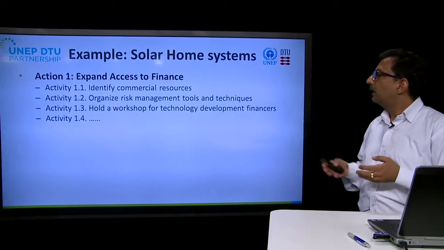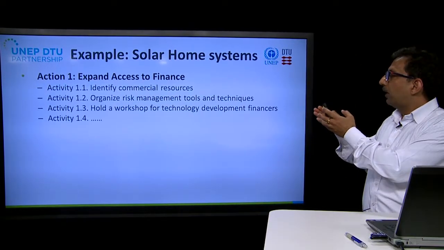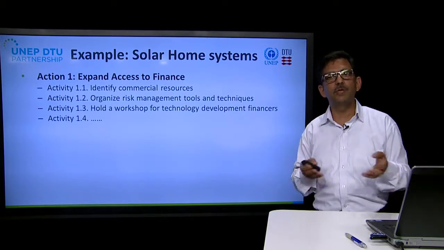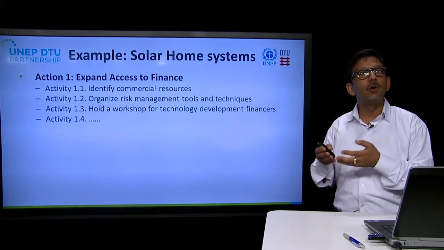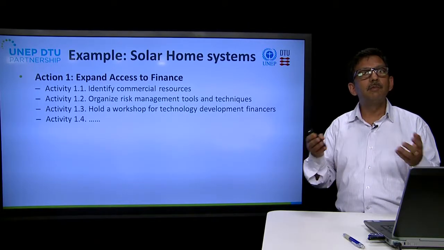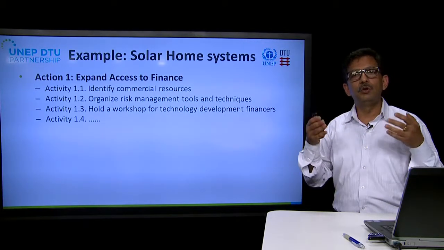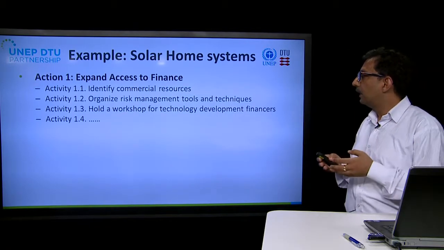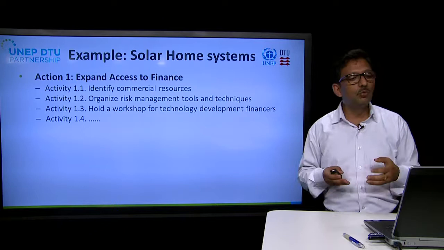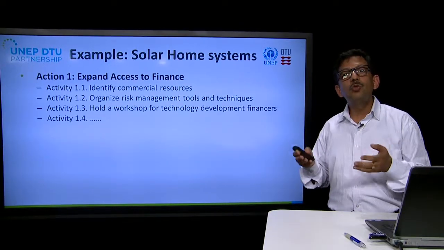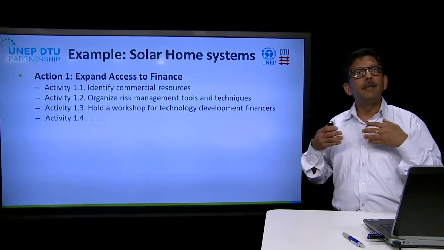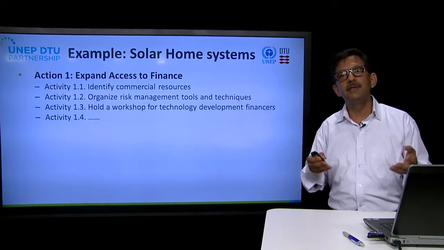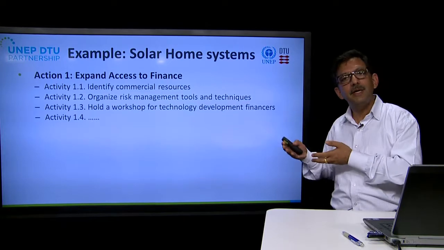We would define this access to finance in terms of identifying commercial resources, for example, identifying the banks or institutions which will be lending money to the investors in solar home systems. Secondly, we could organize certain risk management tools and techniques, and training could be provided to the various stakeholders on these tools and techniques in terms of workshops. So this could become a third activity.